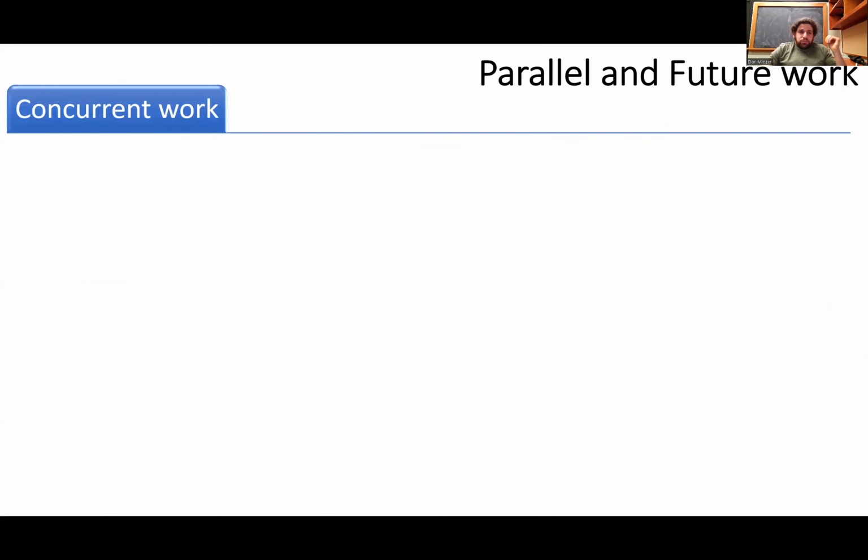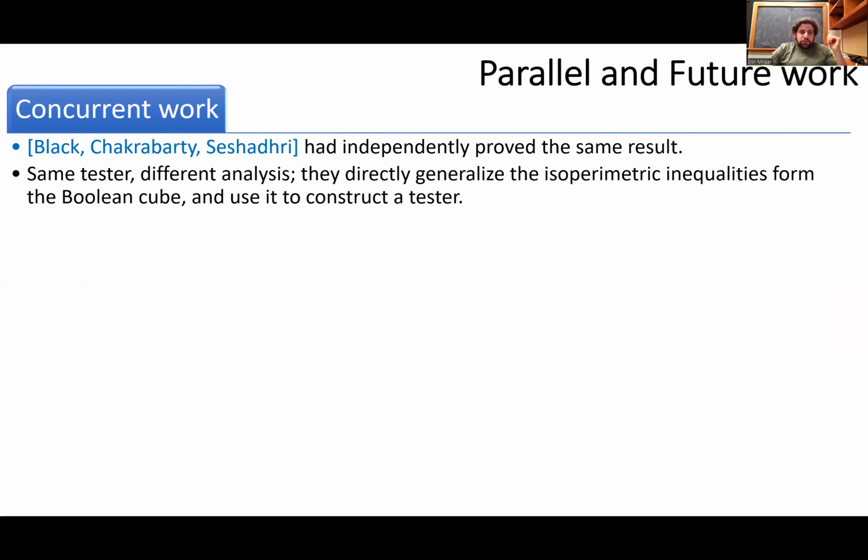So this is how we prove our results. And in a concurrent work, Black, Chakrabarty, and Seshadhri managed to prove the same result about the hypergrid on the uniform measure. So the tester is really the same, but their analysis is completely different.